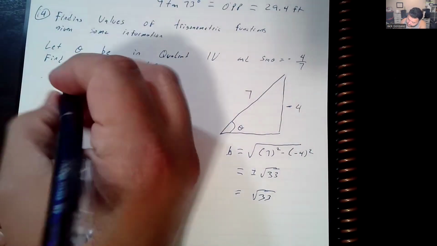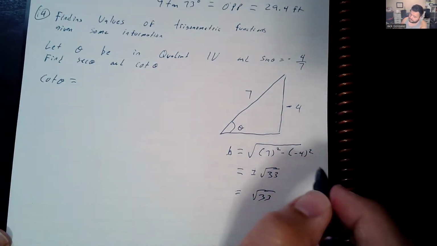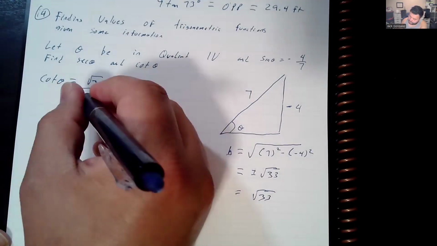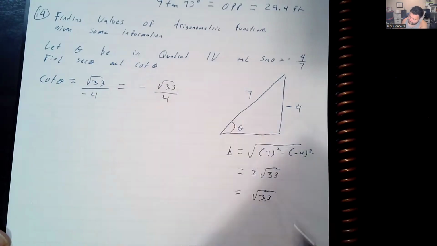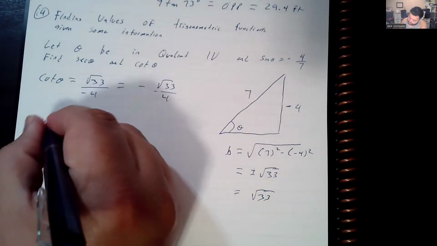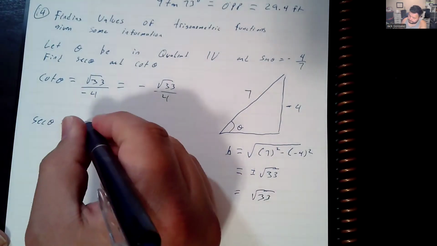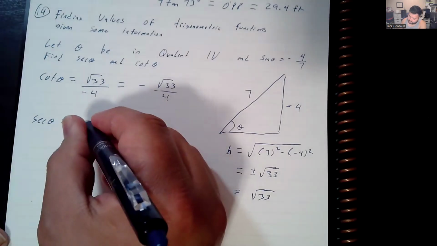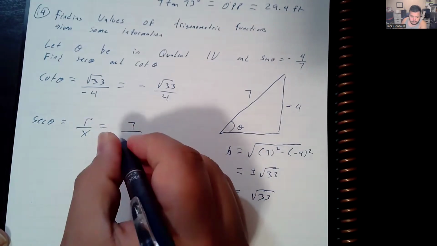Okay, so now we can just answer the question. Cotangent theta is equal to adjacent over opposite, so root 33 over -4, which is just negative, right? And then secant would be the reciprocal of cosine, or we could say r over x, which is the same. 7 over root 33.